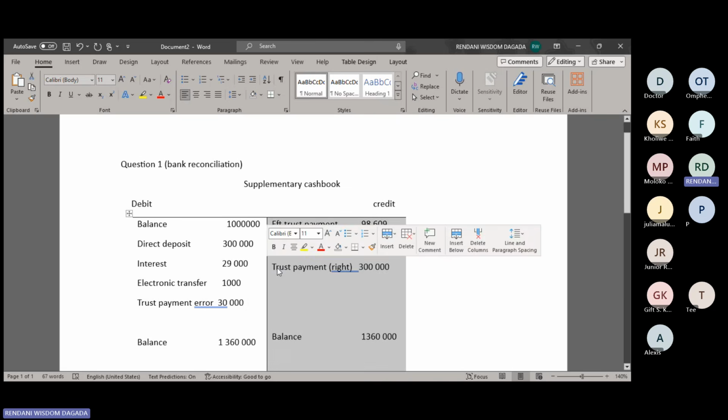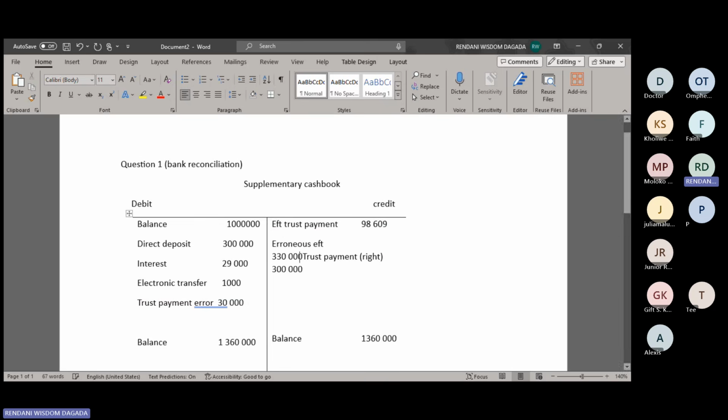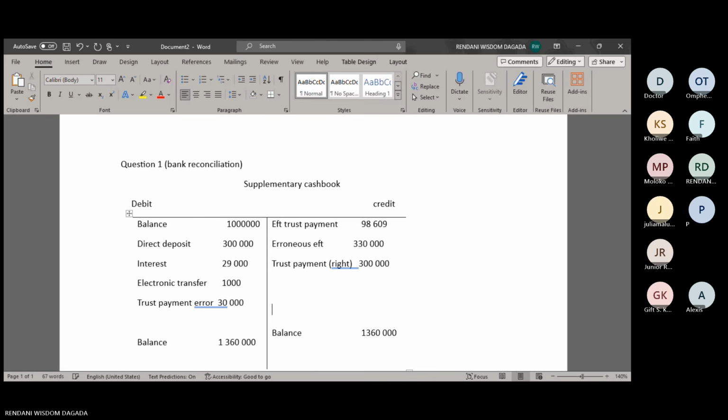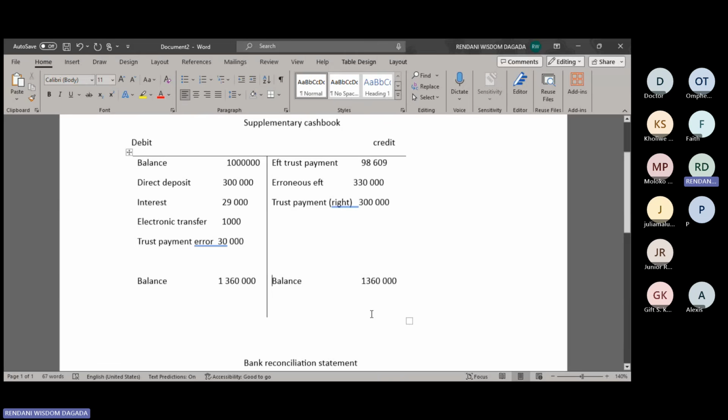Excuse me, let me just do this here. We go. So now it's balanced. The amounts are equal on both sides now.